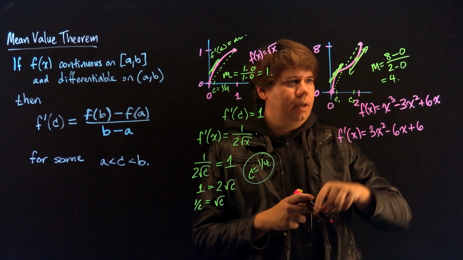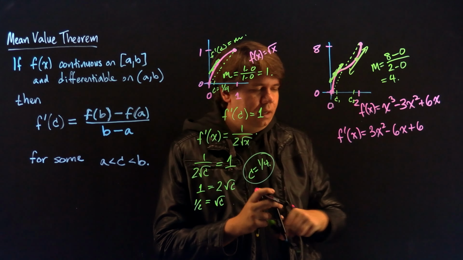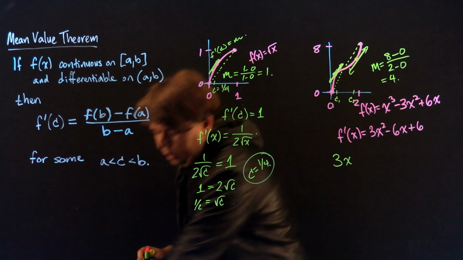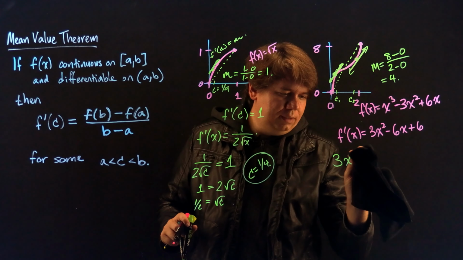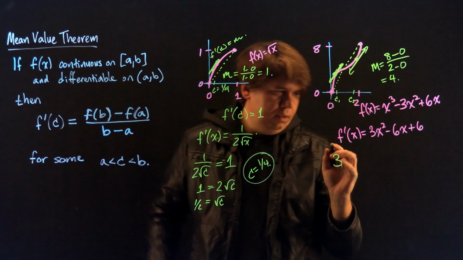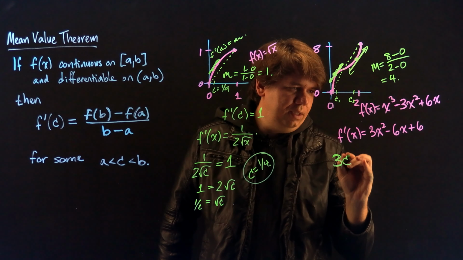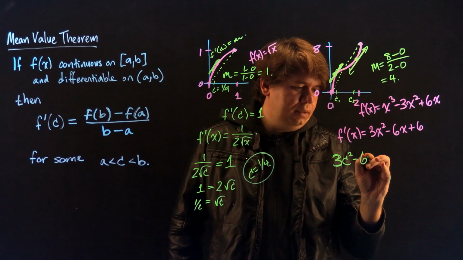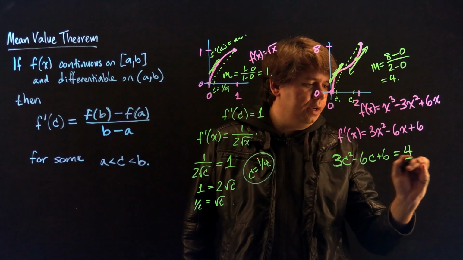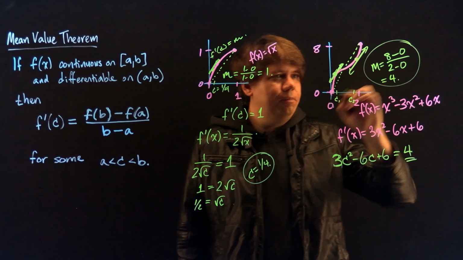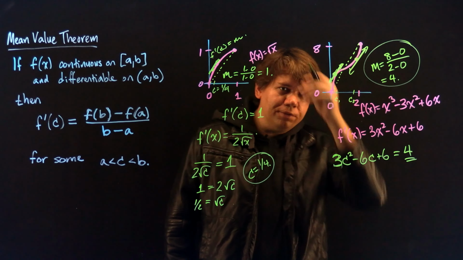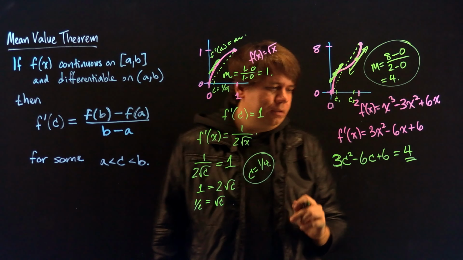So let's plug in C and think about, is there a solution to 3C squared minus 6C plus 6? When does this come out to equal 4? Because that is the value of my average rate of change. When does this instantaneous rate of change equal my average rate of change? Let's try and find those values.